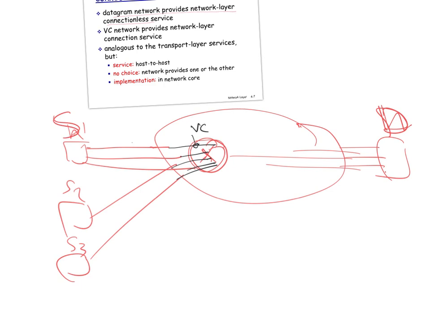Each of these connections will be dealt with as a separate and unique virtual circuit, even if they are going to the same destination. And in fact, the router will give a different virtual circuit number to each of these connections. And in order for the router to do this, it has to first establish that virtual connection end-to-end before it facilitates the transmission, similar to a connection-oriented design.